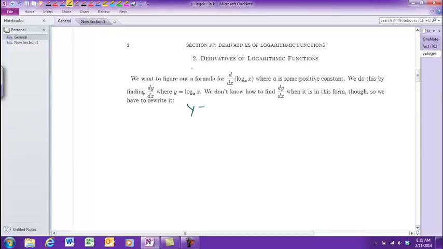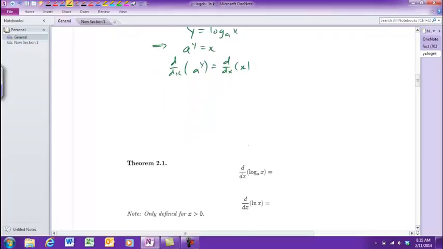So we start by writing y is equal to log base a of x. According to the rules I gave you, this is the same as saying that a to the y is equal to x. Now I'm going to take the derivative of both sides. The derivative of a to the y: our rule for exponentials is that this is a to the y times natural log of a, but that's what I would do if it was a to the x.